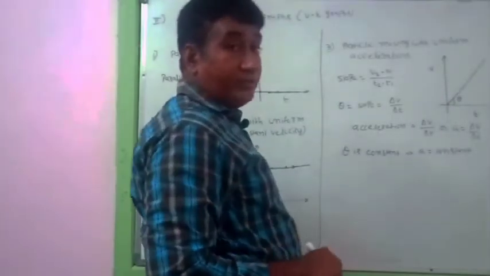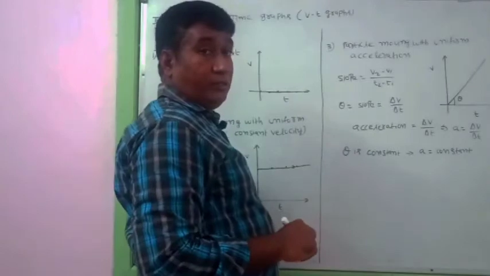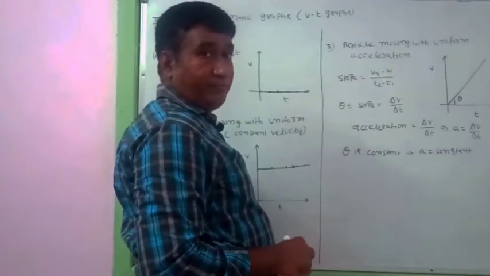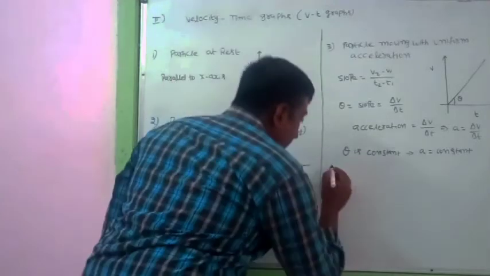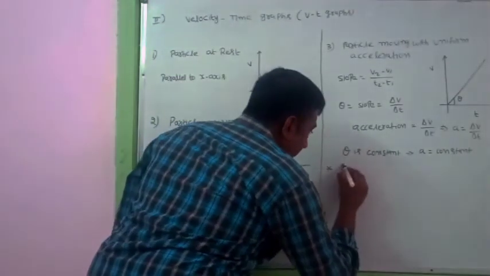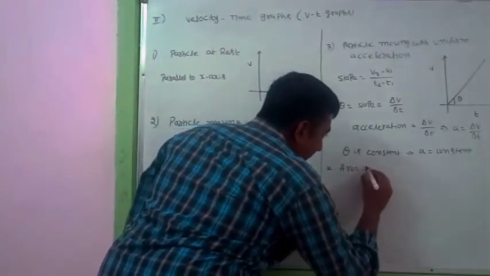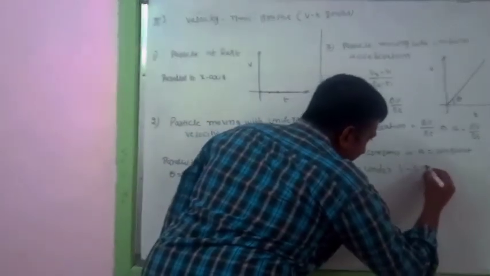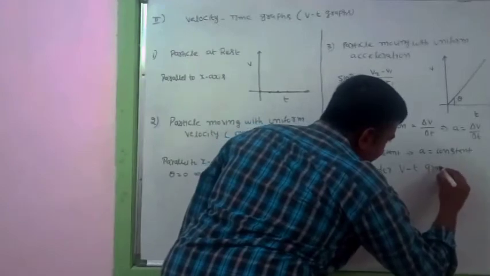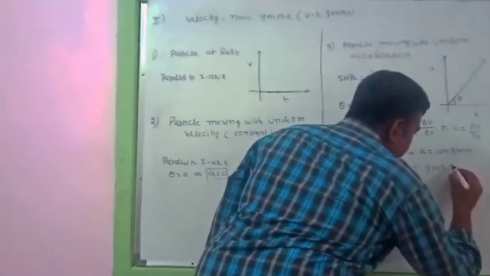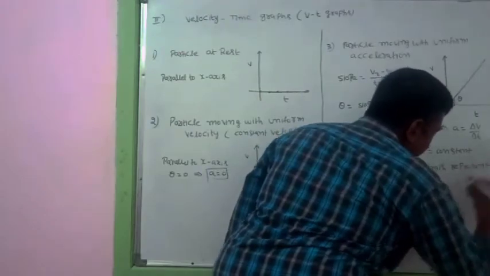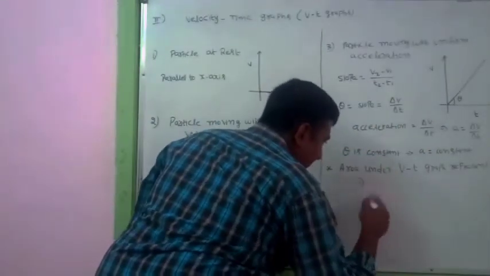If you remember, while solving the kinematic equations we used the velocity time graph. Here we get one more important point: the area under the v-t graph represents displacement.